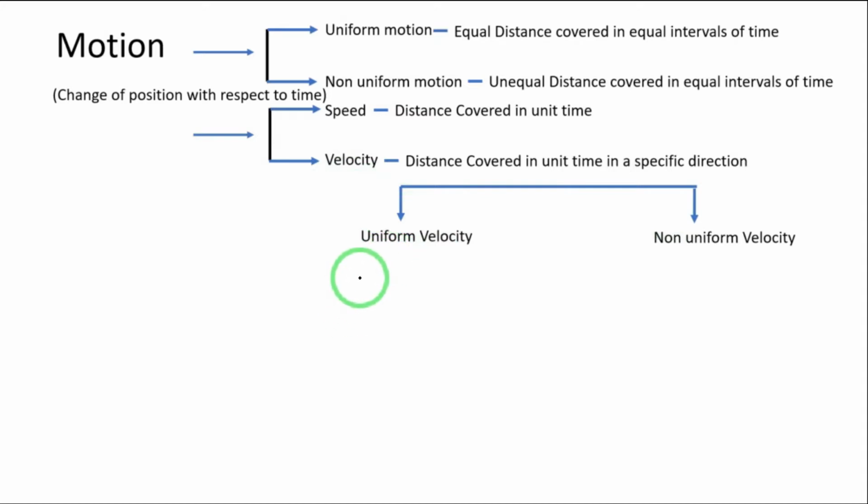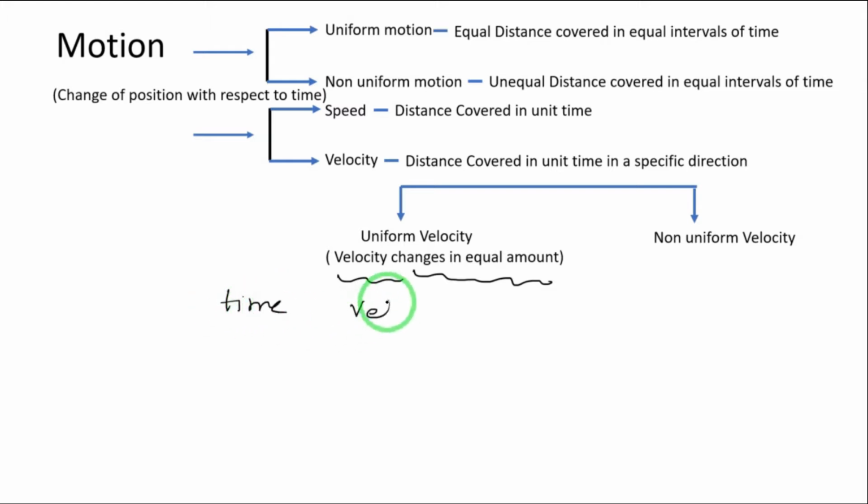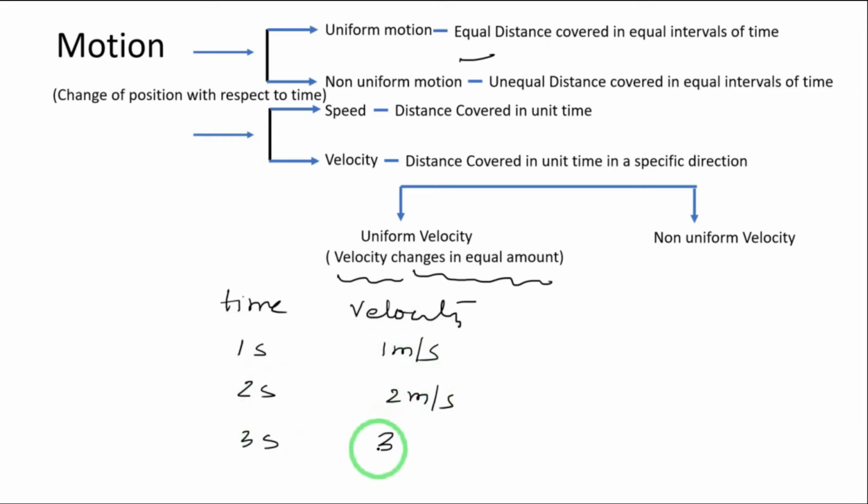Velocity changes in equal amounts, right? Suppose I write time here and velocity here, in the same way as in uniform motion: in 1 second it will be 1 meter per second, in 2 seconds it should be 2 meter per second, and in 3 seconds it should be 3 meter per second. So equal change in the velocity for every interval of time, that is uniform velocity.